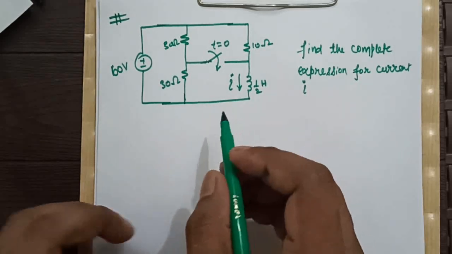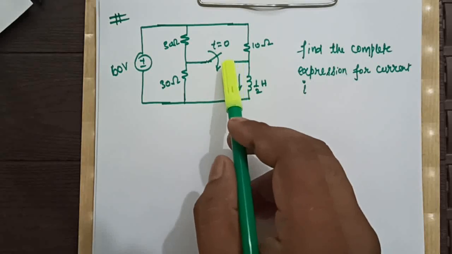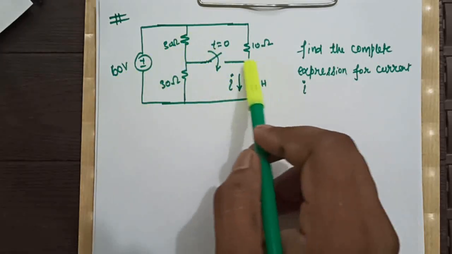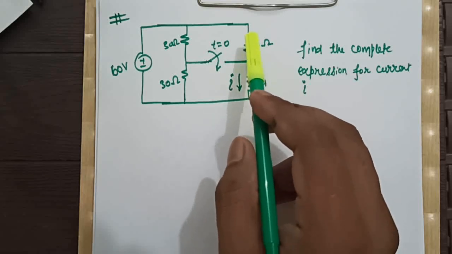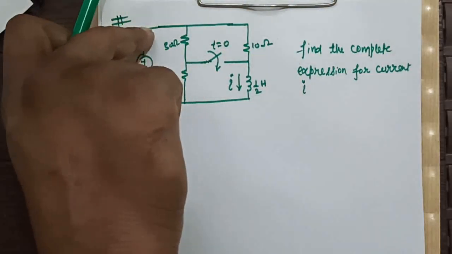Now see, once again, this is a forced response of a first order RL circuit, isn't it? Because at time t equal to 0 minus, this inductor was in series with this resistor and this whole arrangement was in parallel with this.